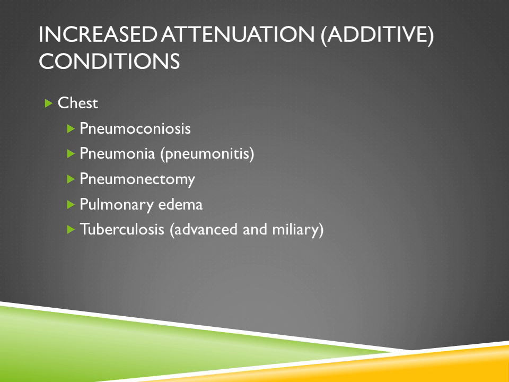So some other pathologies that we'll discuss. Pneumoconiosis is inhalation of dust, and this was really big for miners, and what would happen is they end up with a lot of scarring within their lung cavity. Pneumonia is inflamed lung.